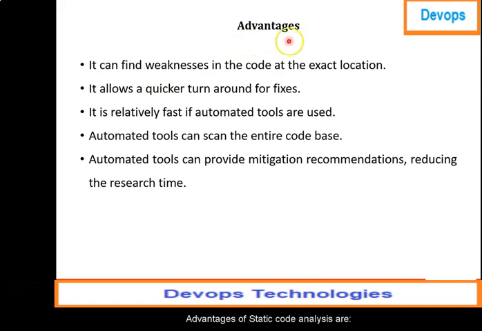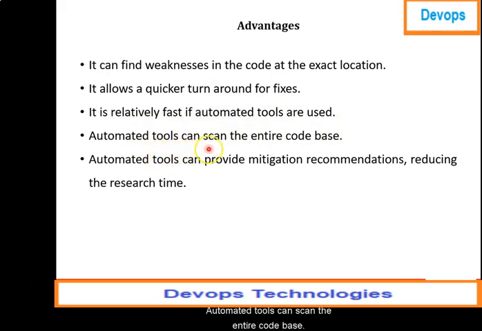Advantages of static code analysis are that it can find weaknesses in the code at the exact location. It can be done by trained software assurance developers who fully understand the code. It allows a quicker turnaround for success. It is relatively fast if automated tools are used.